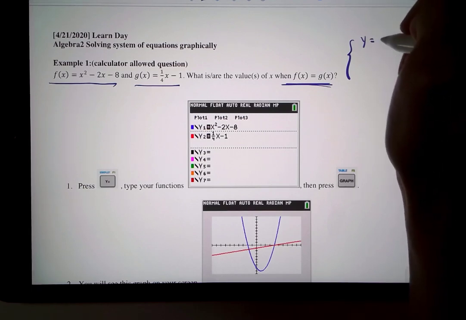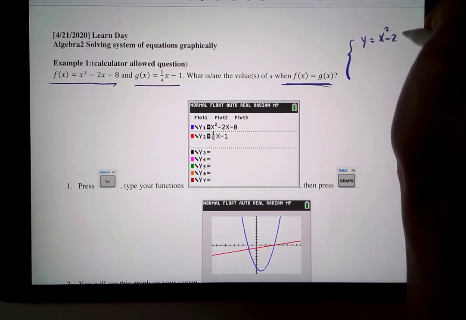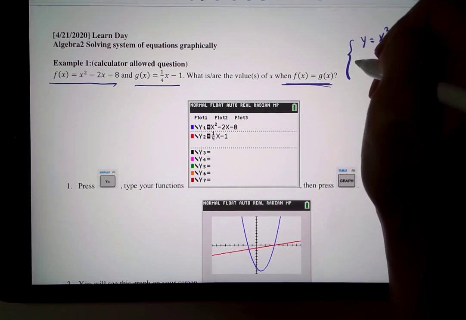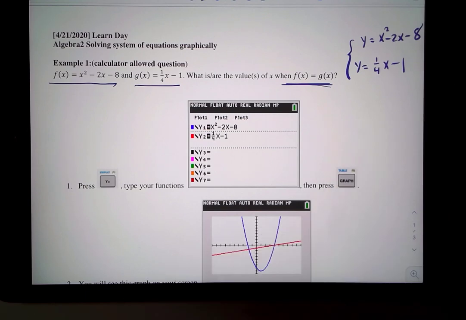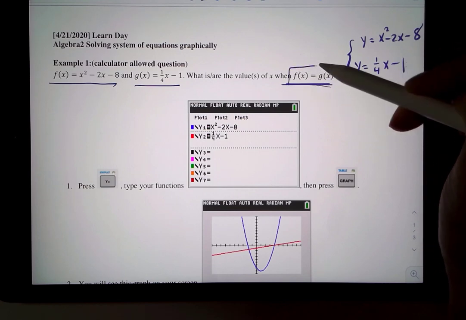So y equals x squared minus 2x minus 8, and y equals 1 over 4 x minus 1. You have the same variable, y. You make them equal to each other, then you will get this one, right?